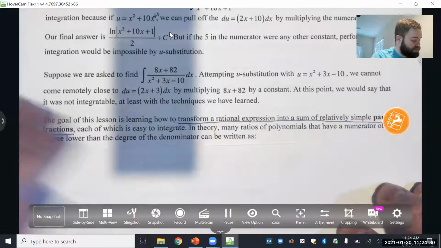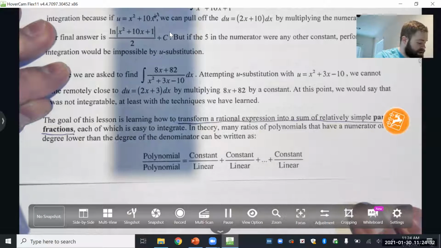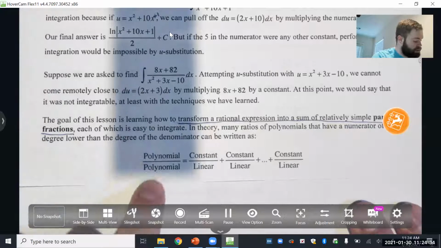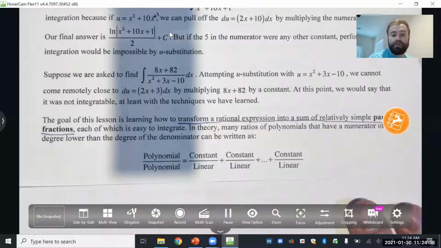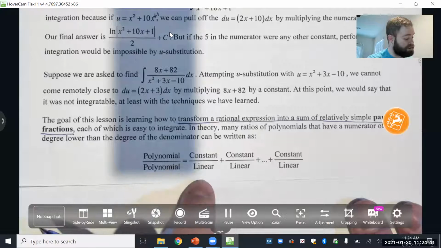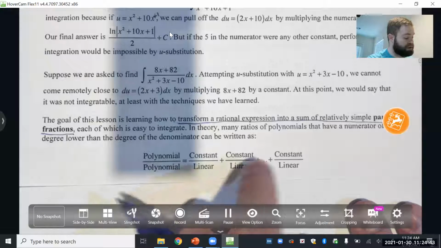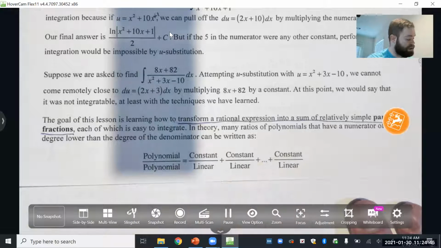When I say partial fractions, what I mean is we're going to start with a polynomial over a polynomial, and transform that into a constant over a linear function plus a constant over a linear function, over and over.